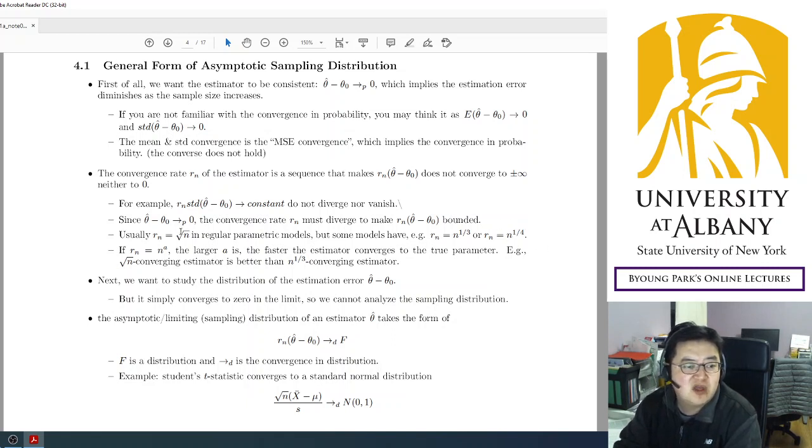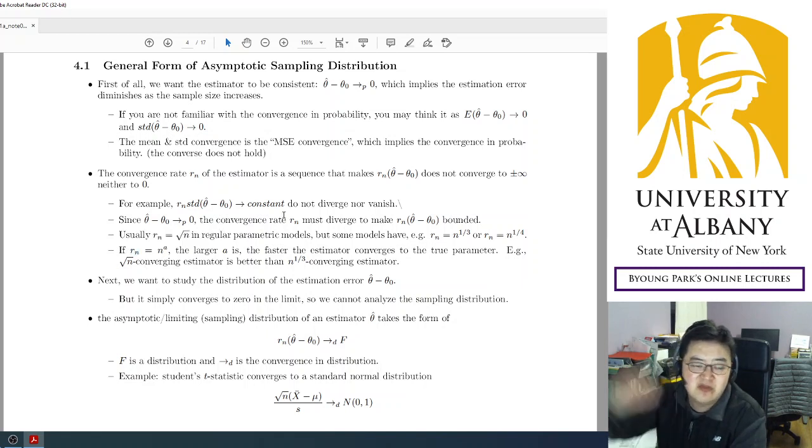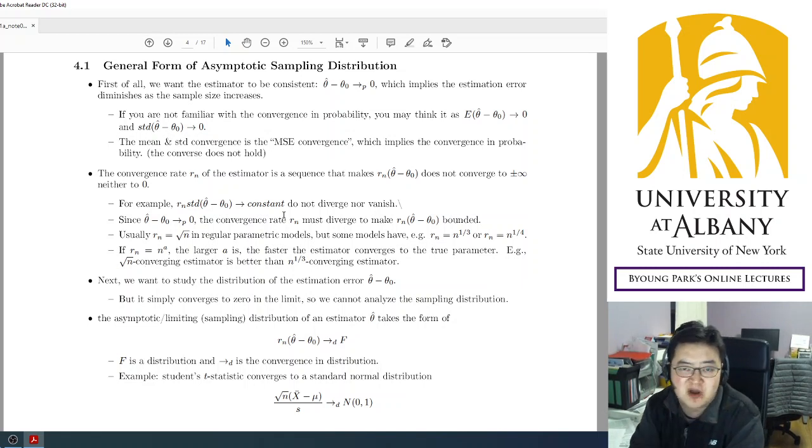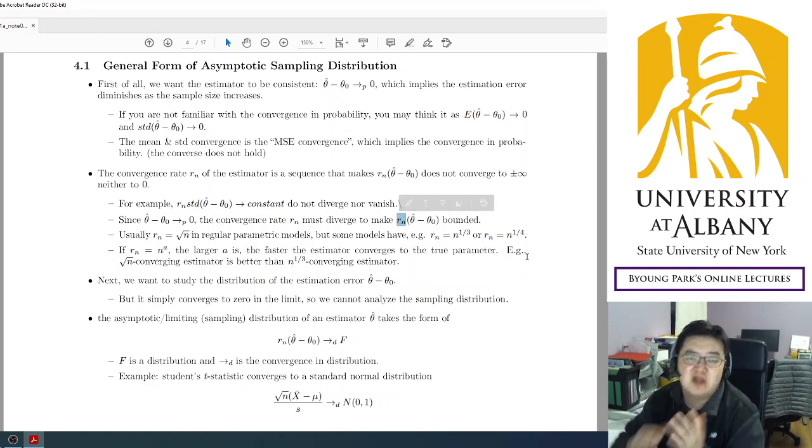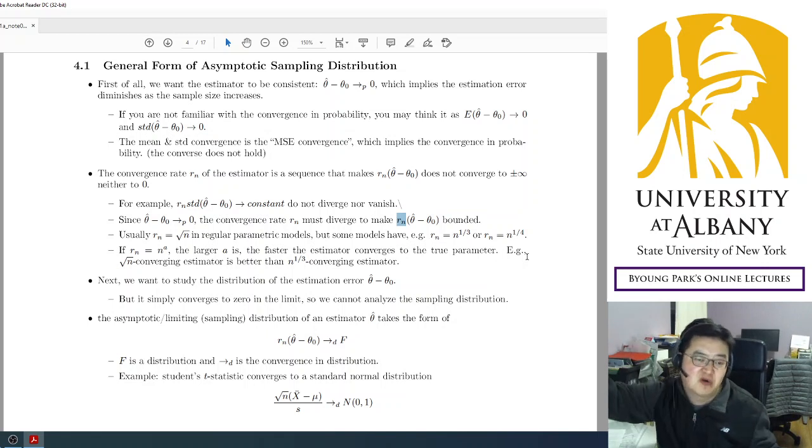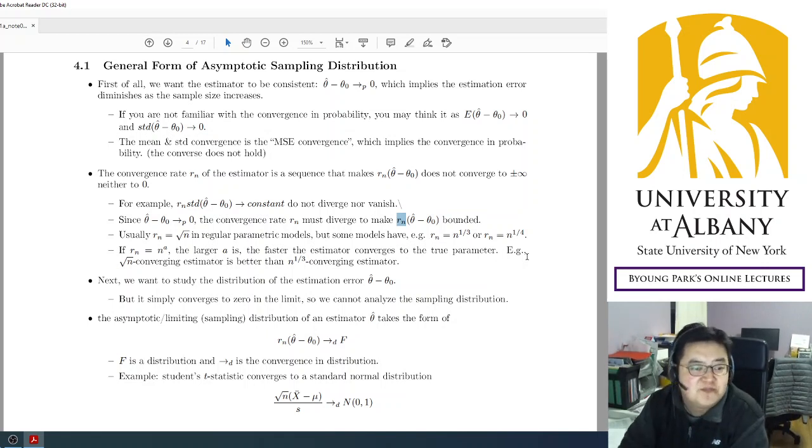And then how can you compare these convergence rates? Simply speaking, the faster the convergence rate goes to infinity, the faster the estimator converges to the true parameter. So if the estimator converges to the true parameter quickly, then your convergence rate should be much bigger, should diverge faster.